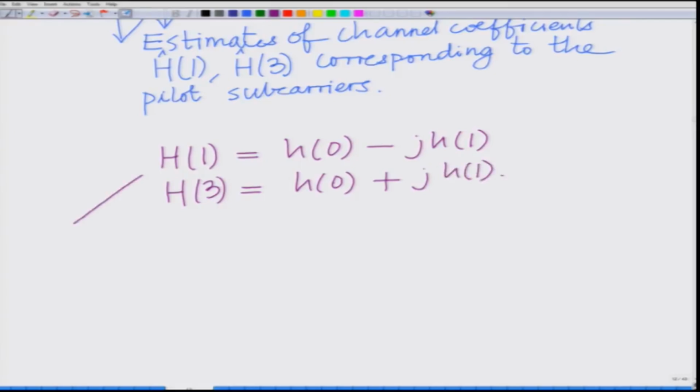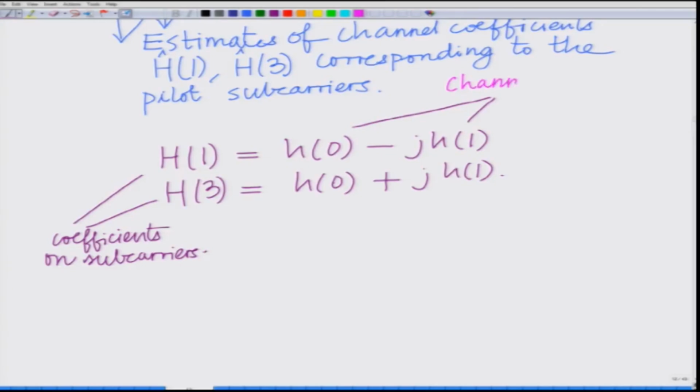These are the coefficients on subcarriers, and h 0 and h 1, remember, are the channel taps in the time domain.